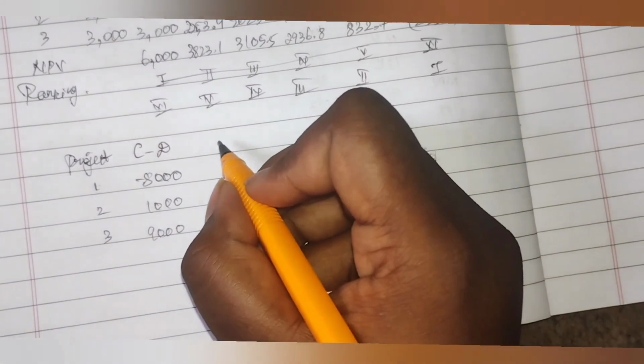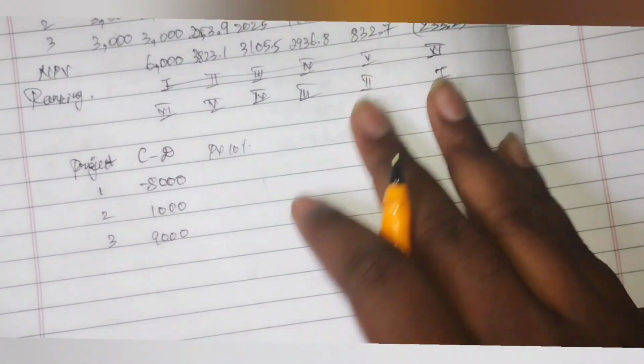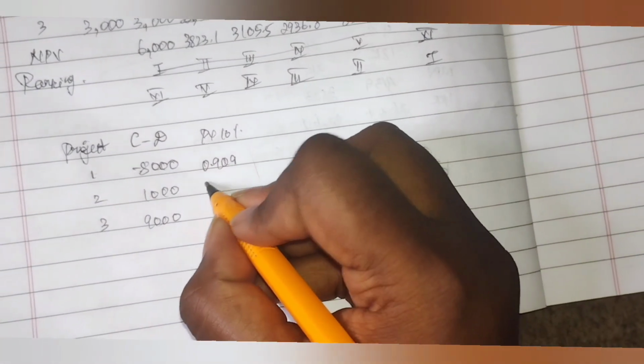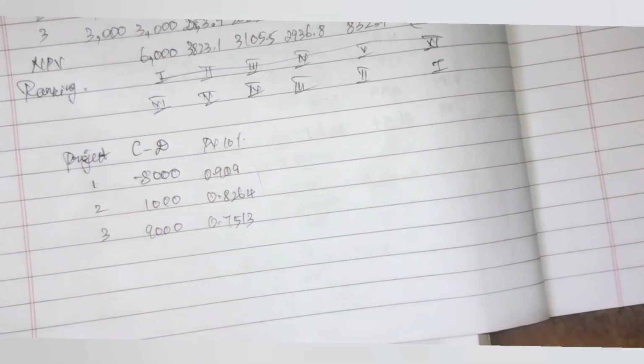And the discounting factors at 10% are 0.909, 0.8264, 0.7513. Let's calculate this.